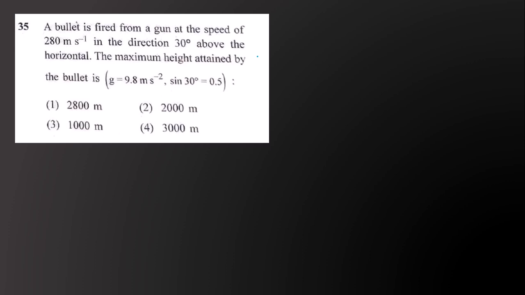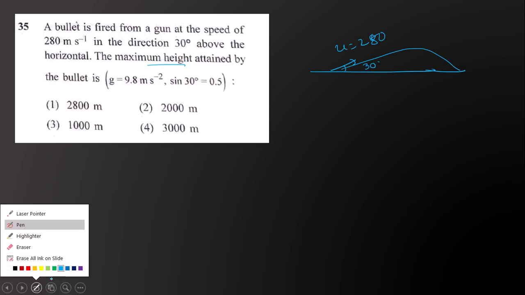It's a straightforward question from the inclined projectile. A bullet is fired at a speed of 280 meter per second, and the angle given is 30 degrees, and we are supposed to find the maximum height. This angle is mentioned with the horizontal. So let's calculate.